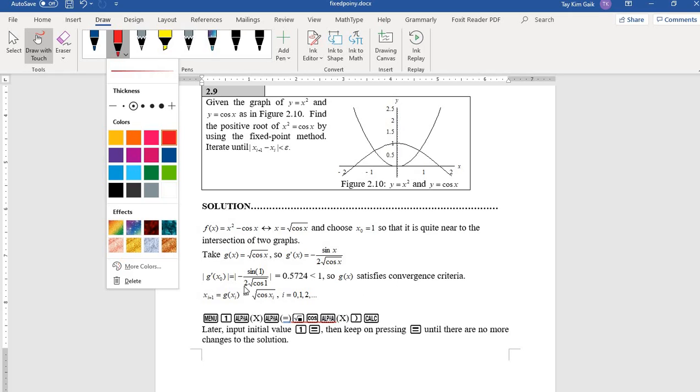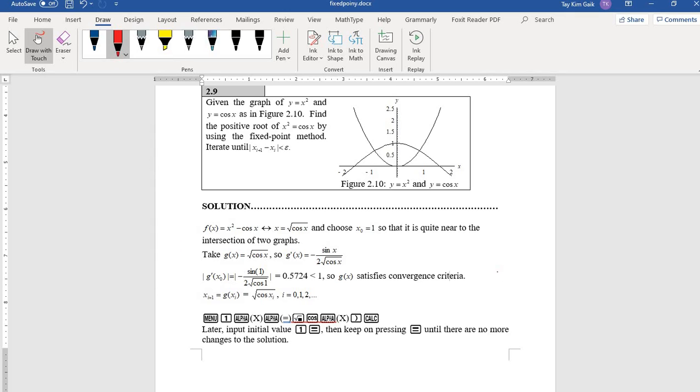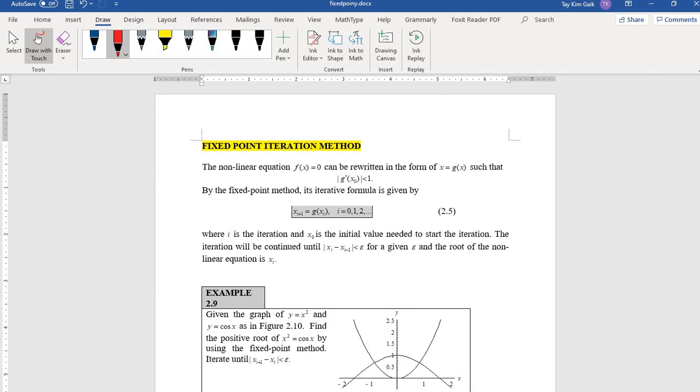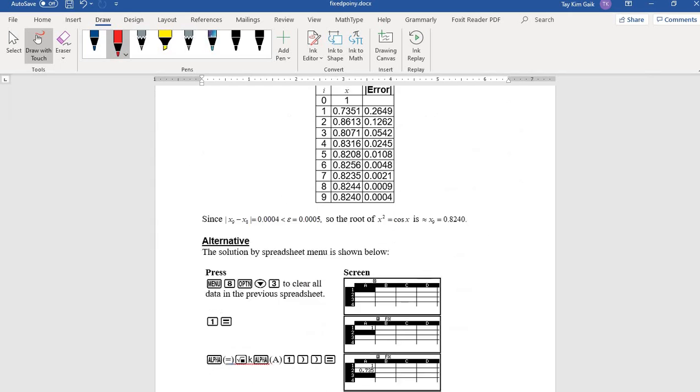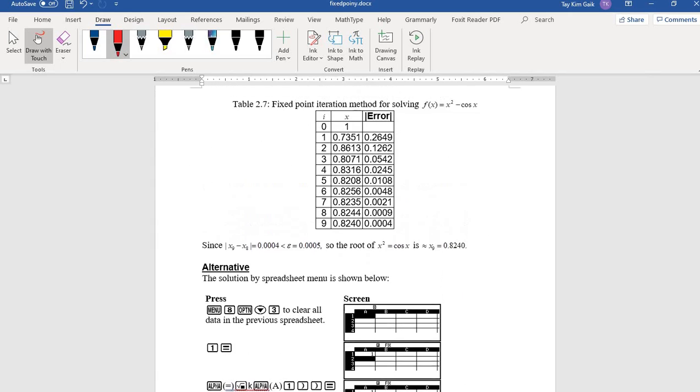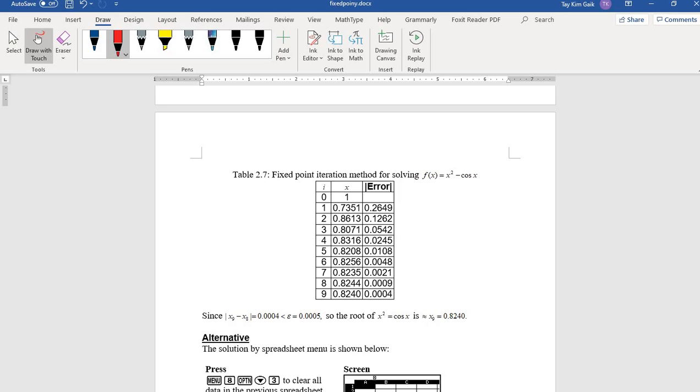Now we can use the iterative formula x_{i+1} equal to g(x_i), where g(x_i) is actually the square root of cos x_i. And then I'm going to show how you can use the normal calculate menu, and later on the spreadsheet menu, to solve it quickly and easily.